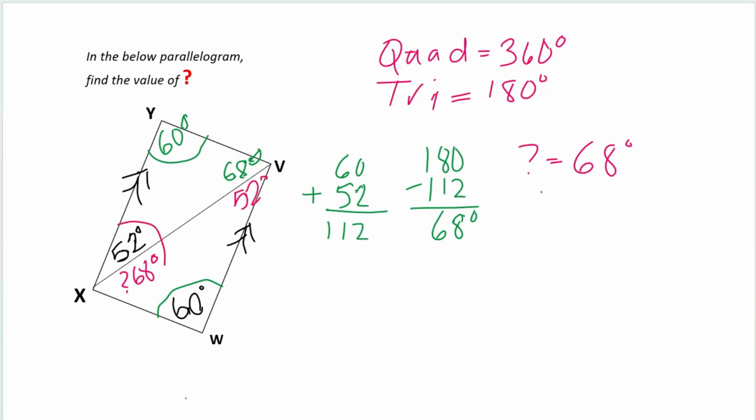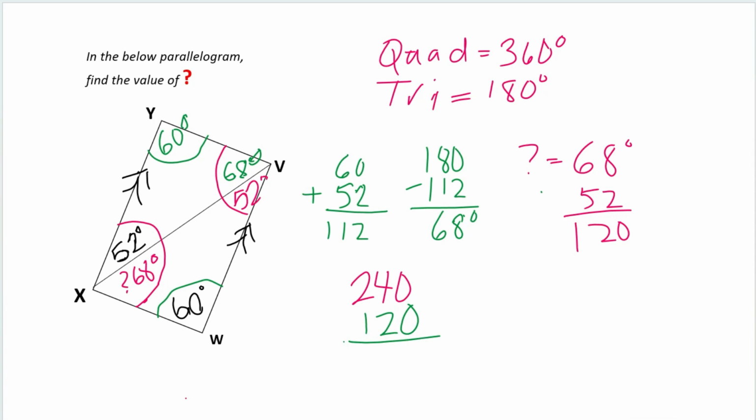So the sum of the x angle is equal to 120, because if I add 52 to this, I would get 120. So this side over here must be 120. So if we have 120 plus 120, we get 240 degrees. And then we have our 60 and 60, which is 120 degrees.